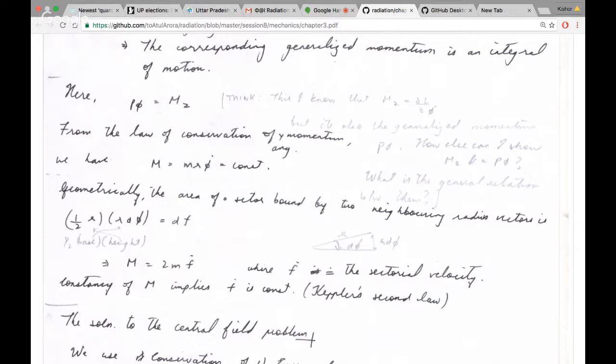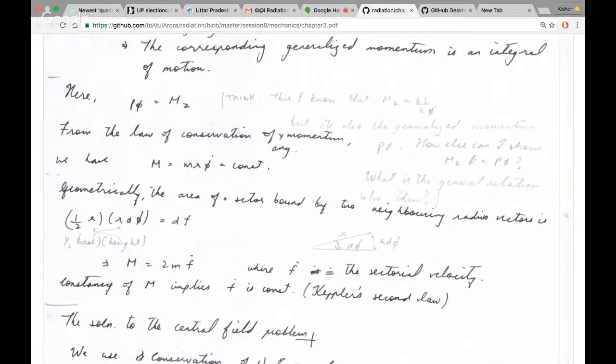You just defined half r into r d phi to be df. Half r is the height and r d phi is the base of that triangle, and half into all of these gives you the area, which you call df.